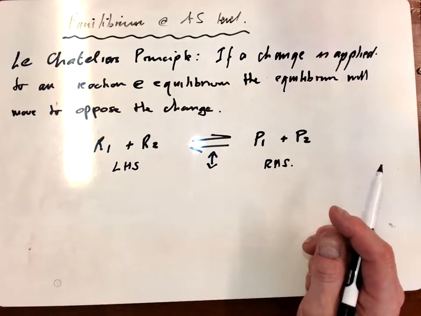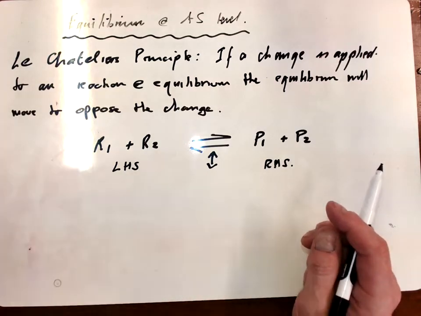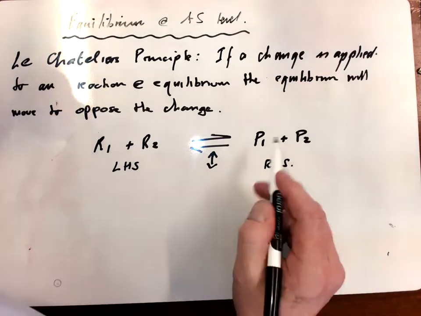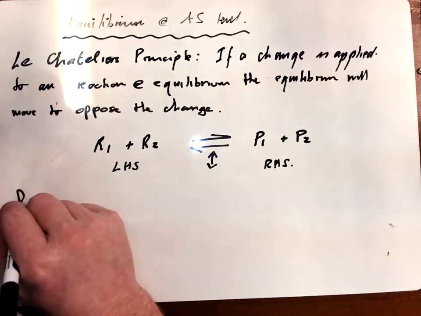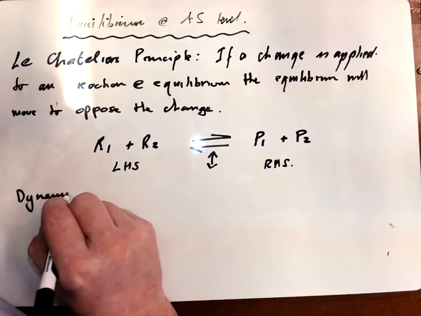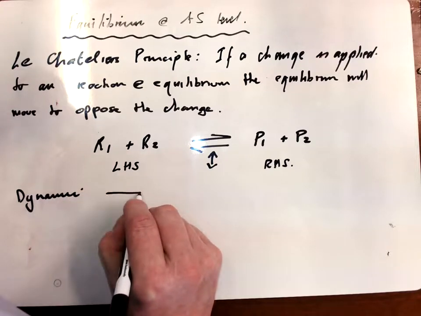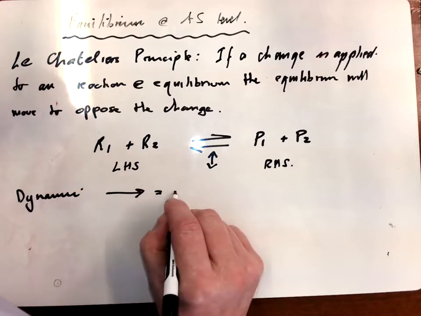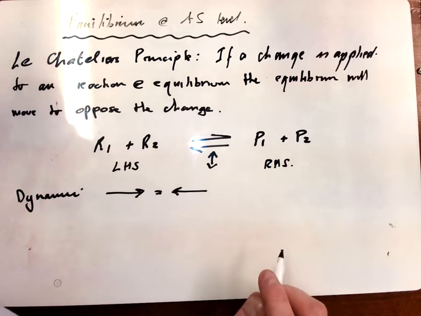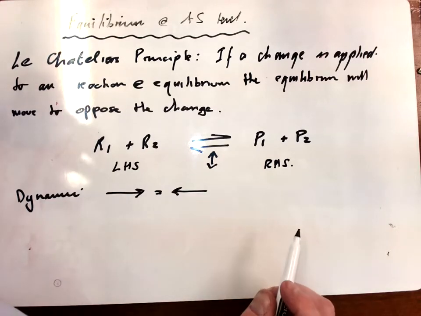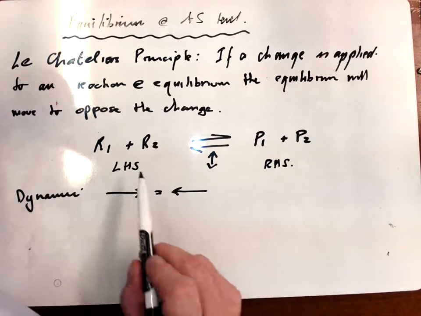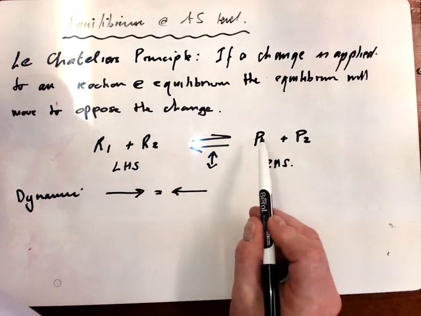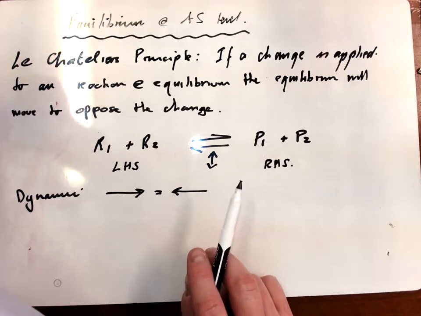So when our reaction reaches dynamic equilibrium, the forward reaction is happening at an equal rate to the reverse reaction. I often ask, what does that mean about the concentration of the reactants compared to the concentration of products? And students frequently say they're equal.